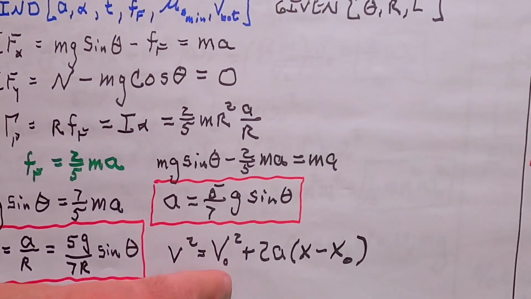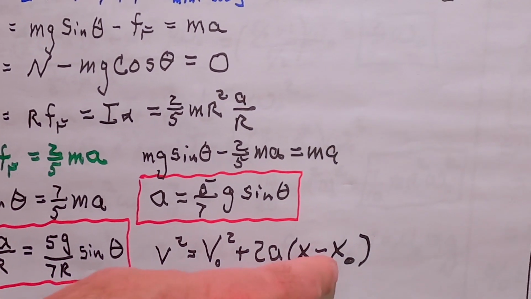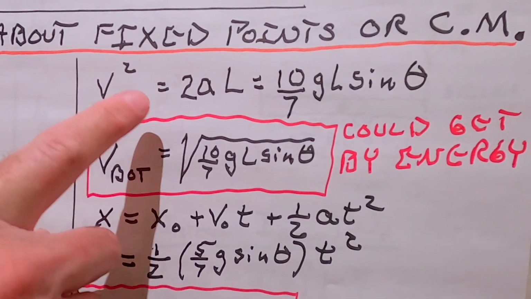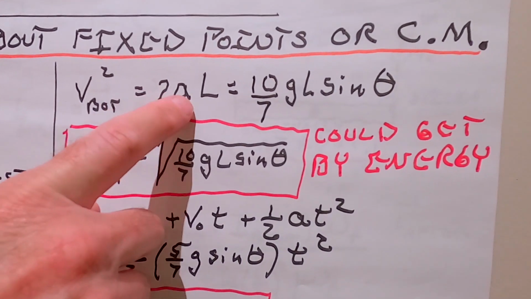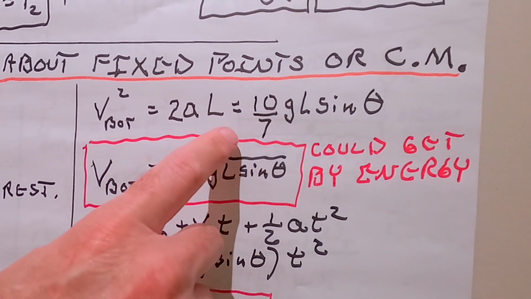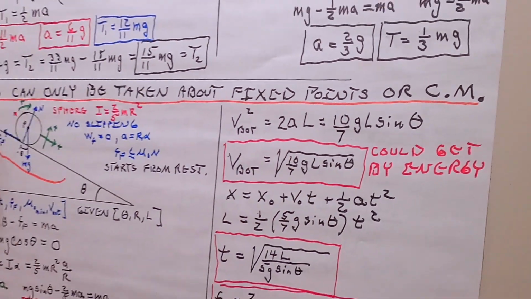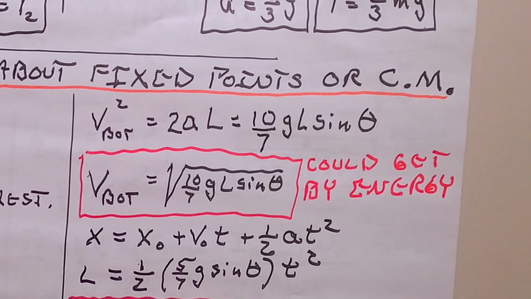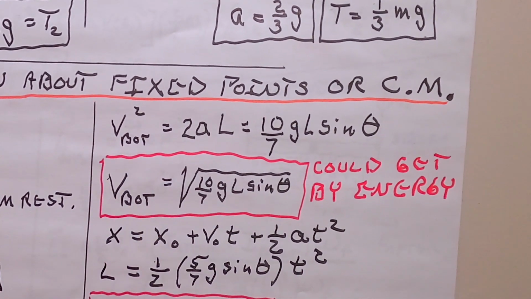We know it started from rest, we know the acceleration, and we know how far it went. So v squared, with v naught squared being 0, is 2a times the distance it moved. Our a was 5/7, so doubling it, 10/7 g l sine theta. Then take the square root of both sides.